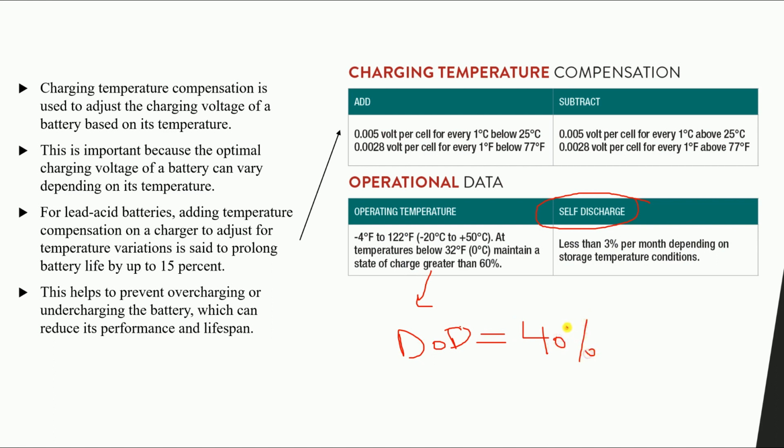We said before that the recommended depth of discharge for a lead acid battery is 50%. However, if the temperature becomes very low, this will affect the battery, so we cannot discharge more than 40%. Temperature has a really high effect on the battery performance.